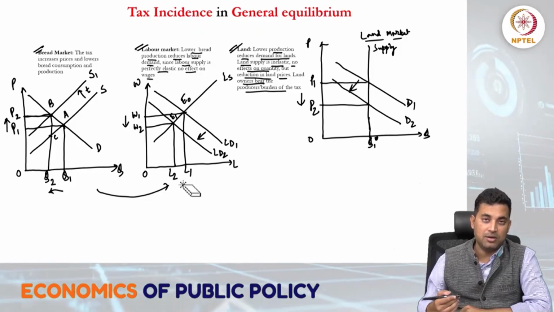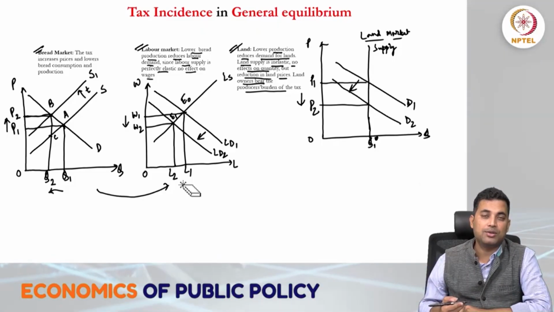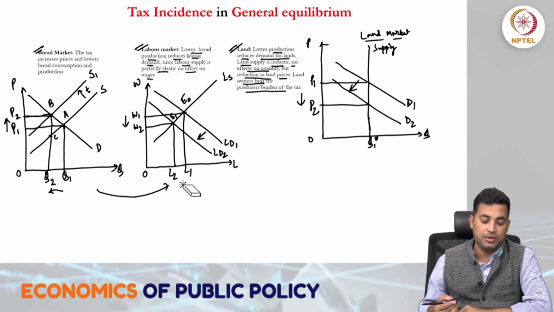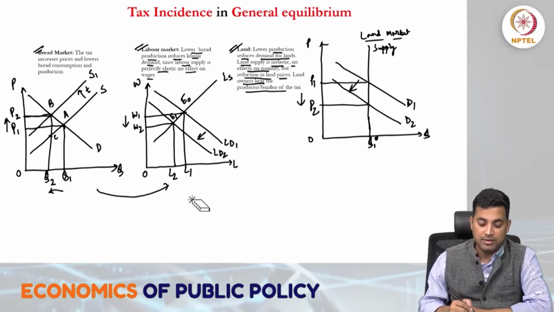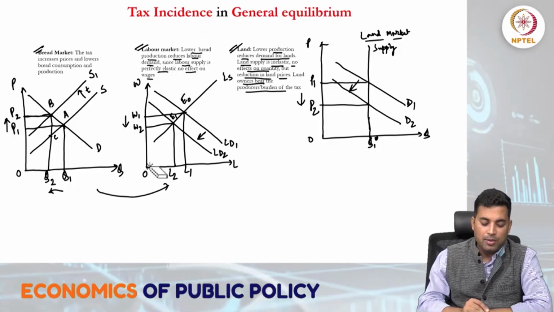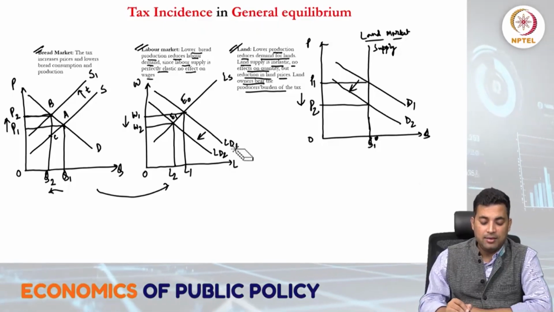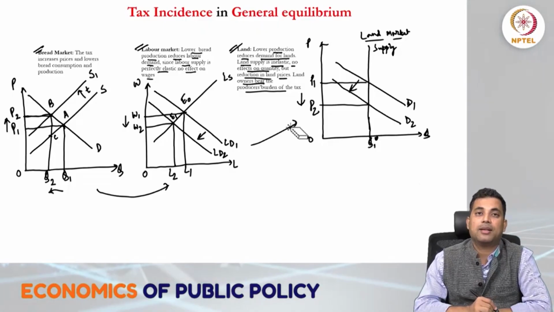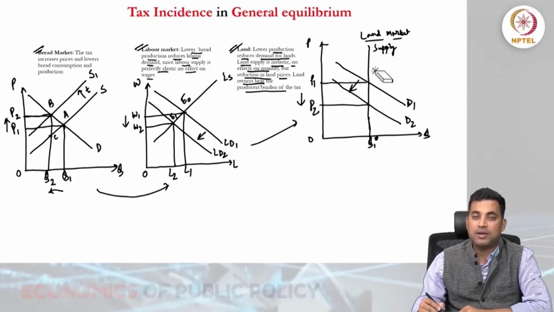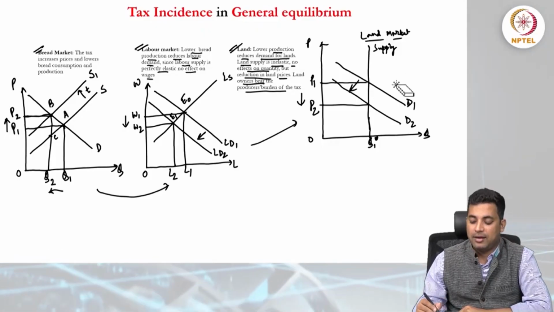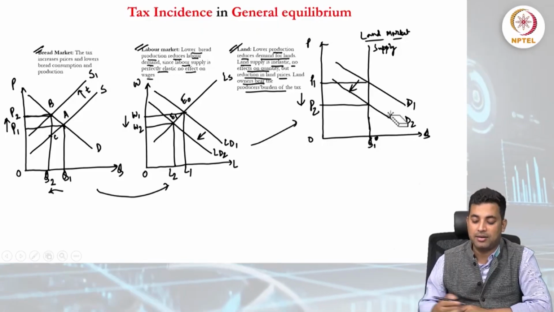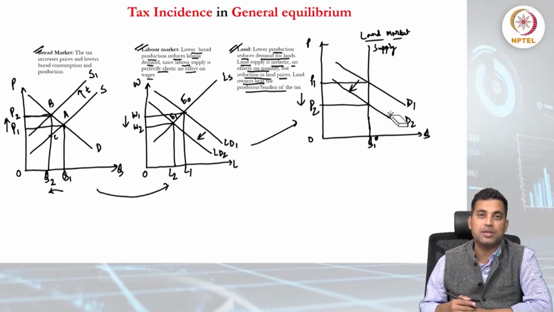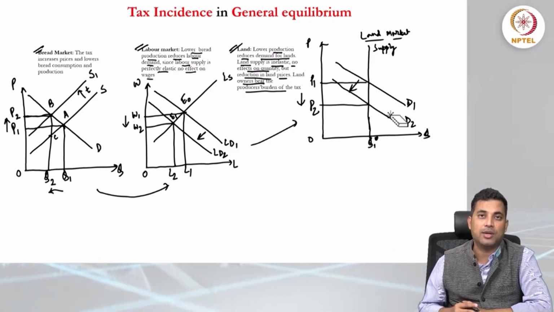Labor demand will be reduced, and wage and employment also will be reduced. We can also see the impact in the land market, because land is fixed, and if demand goes down, then the entire price will be reduced, and that's how the land market also gets affected.